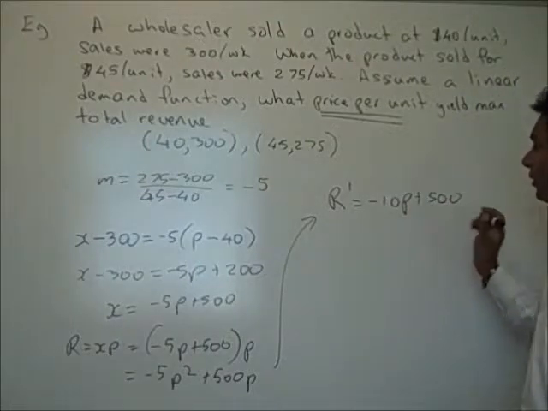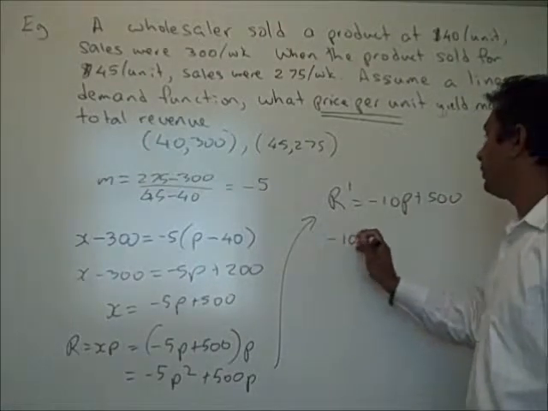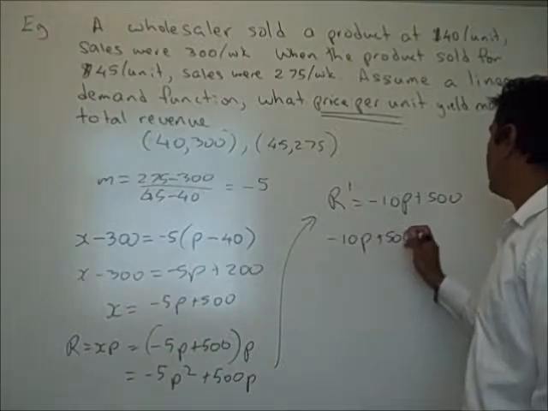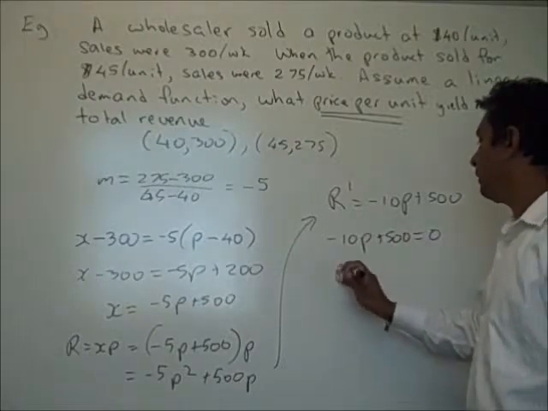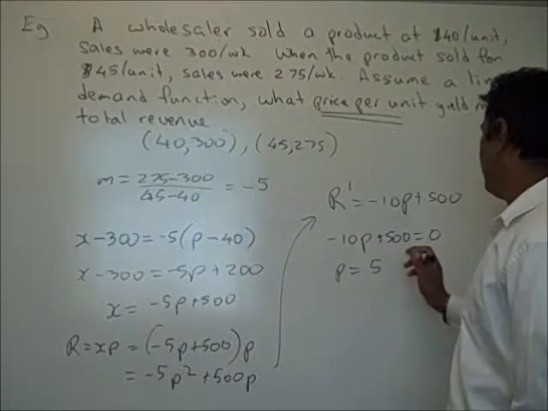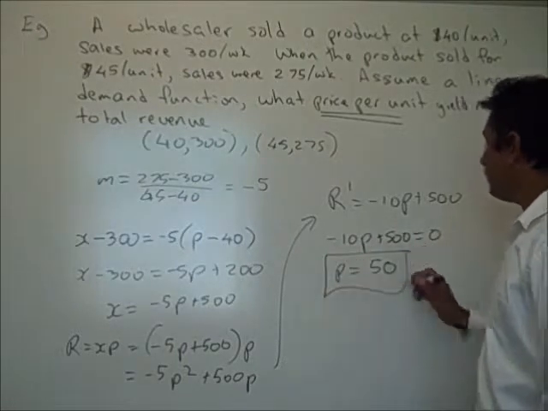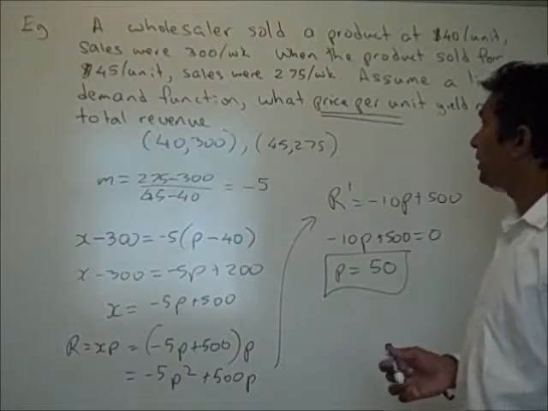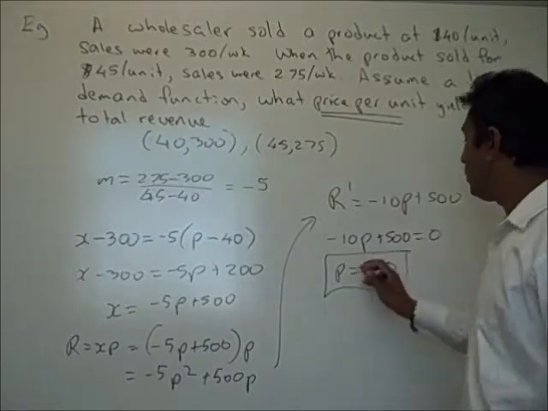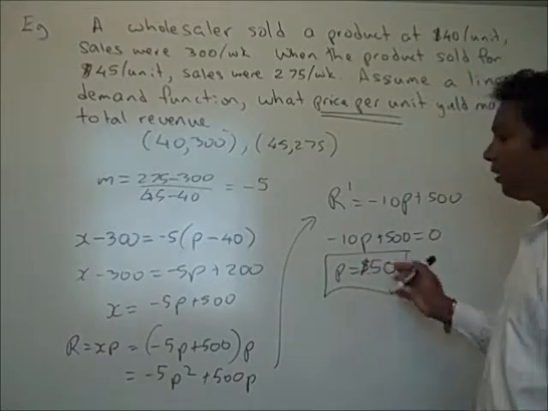We know this occurs where this is equal to 0, so negative 10p plus 500 is equal to 0, or p is equal to 50. So the price per unit that will yield the maximum revenue is actually $50 per unit.